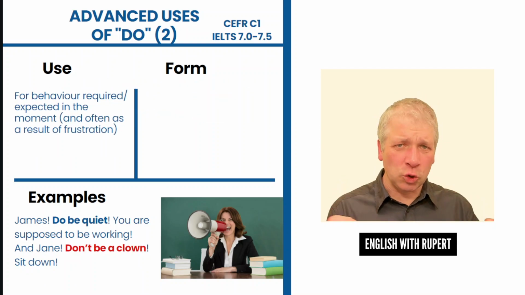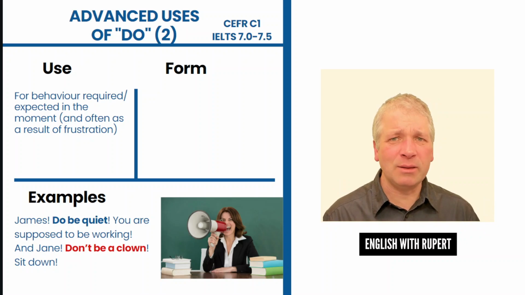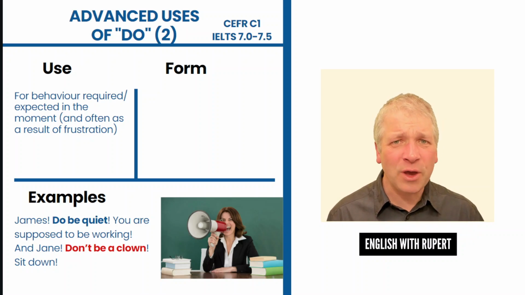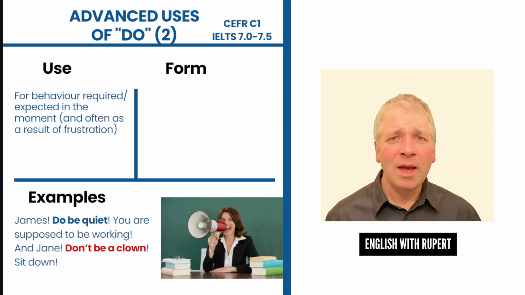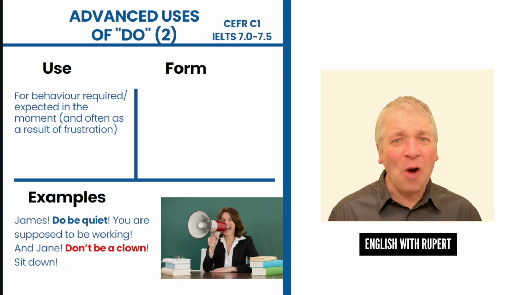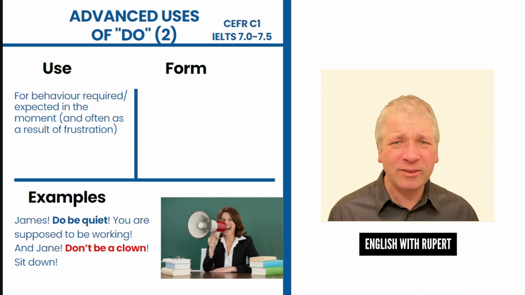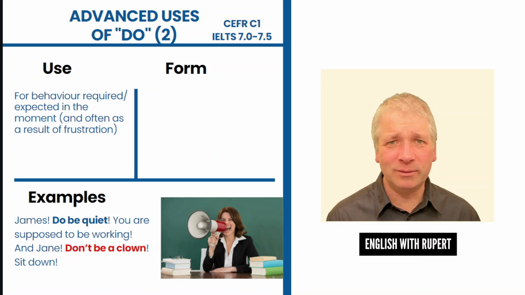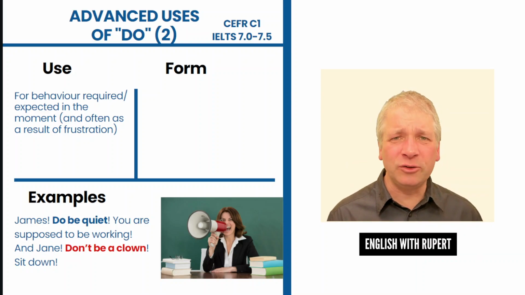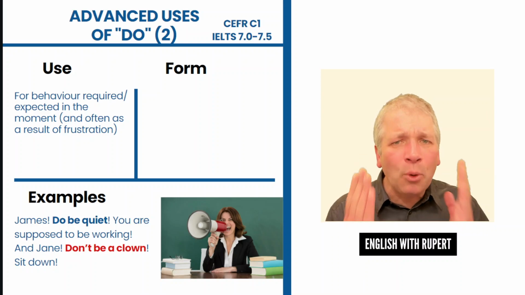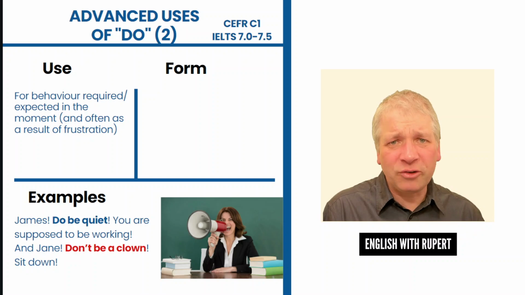We use do in these sentences, followed by the verb to be in the infinitive form, for behaviour required or expected in the moment, and often as a result of frustration. So not just James be quiet, James do be quiet. This is what I expect you to do. Again, by using do, we're underlining the importance of the instruction.